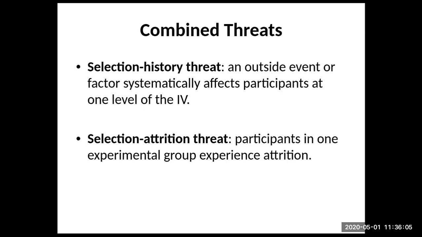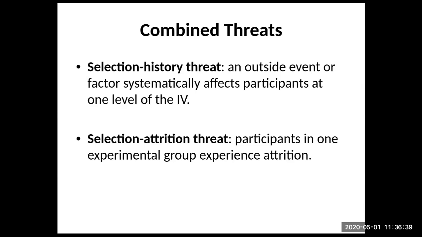So could we have combined threats? I talked about that a little bit. We could have a selection and history threat, where some sort of outside event or factor systematically affects participants at one level of an IV. Maybe you have one group take an exam that didn't study during the day, where there's more distractions, it's hotter, people are talking in the hallways, and then the other group that did study takes theirs at night when there's significantly less people on campus.